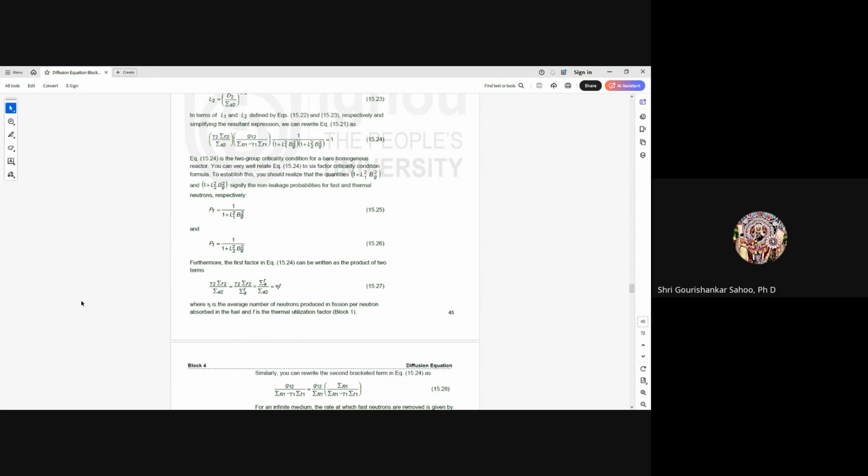Where eta is the average number of neutrons produced in fission per neutron absorbed in the fuel, and f is the thermal utilization factor. Similarly, we can write the second bracketed term as sigma 12 by (sigma R1 minus gamma 1 sigma f1) is equal to sigma 12 by sigma R1 multiplied by sigma R1 by (sigma R1 minus gamma 1 sigma f1).